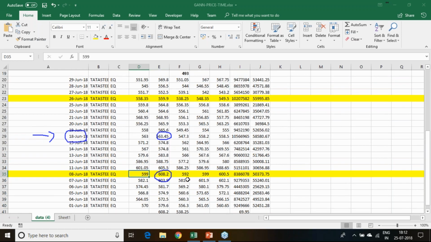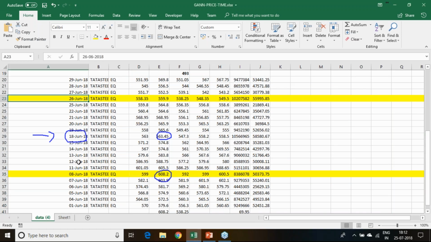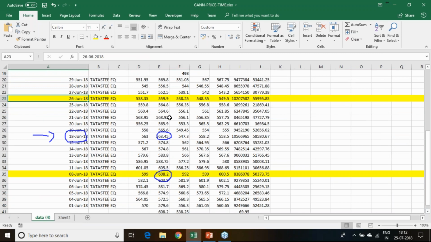Post that, the June month's low has happened on 26th June. However, our calculation was 29th of June. We expected some major top or bottom to happen, however 2 to 3 days before itself, the monthly low for June happened in this particular counter.